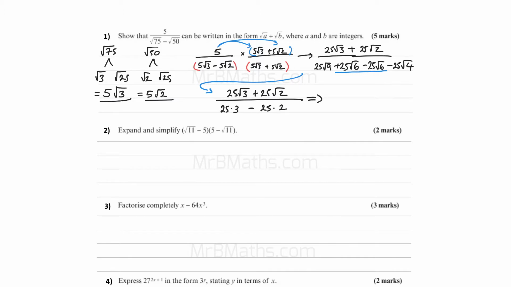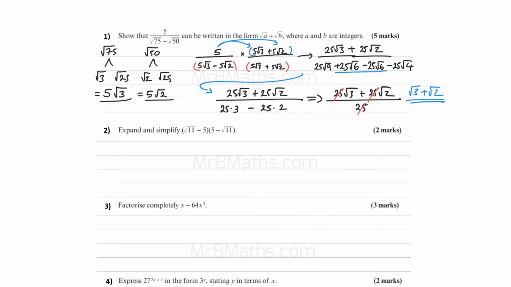That will of course be 75 take away 50, which will leave me with just 25. We can then cancel the 25s, so we are left with our final answer of root 3 plus root 2.